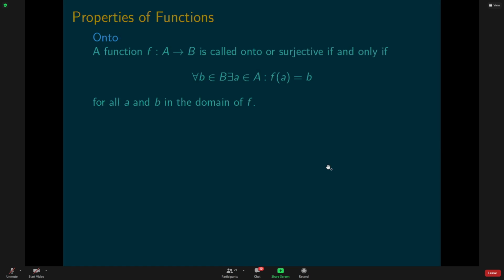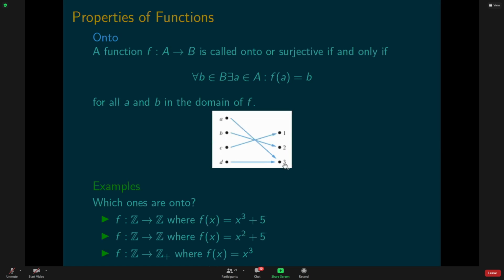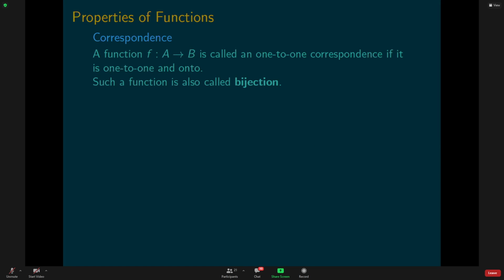Onto, or surjective, means that for every element in B in the codomain, there exists an element of the domain such that the element of the codomain is the image. So every element in the codomain has a pre-image, and the image of our function is the whole codomain, like here. If a function is one-to-one and onto, then we call it a bijection.